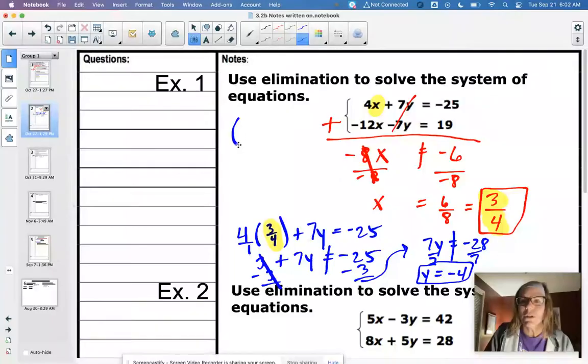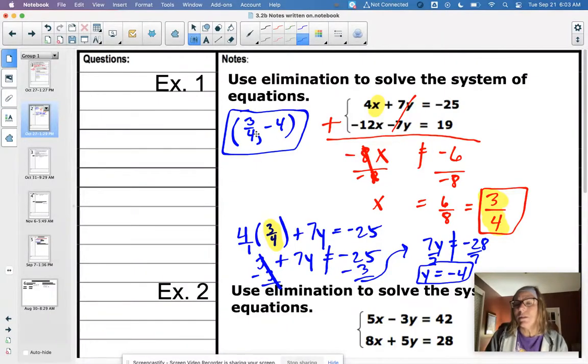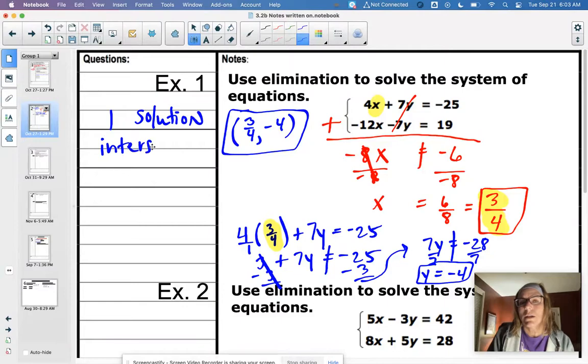So my solution then is 3/4, negative 4. Because we found one solution, we would call that one solution. And when we get one solution, that refers to intersecting lines.